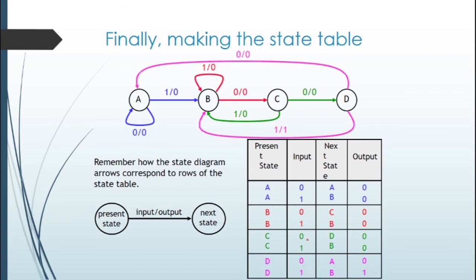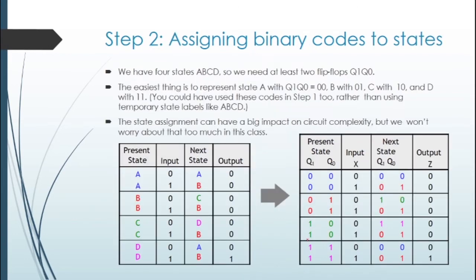From the last state D, if the input is 0, it will break the pattern and go back to A. And from D, if the input is 1, it completes the pattern and goes back to state B, because this can start another sequence.